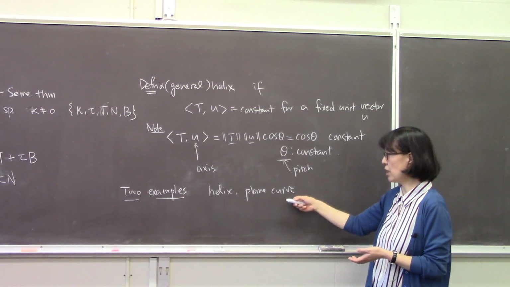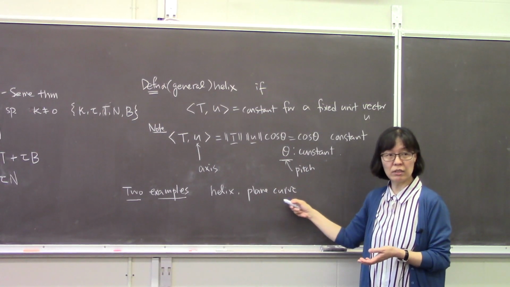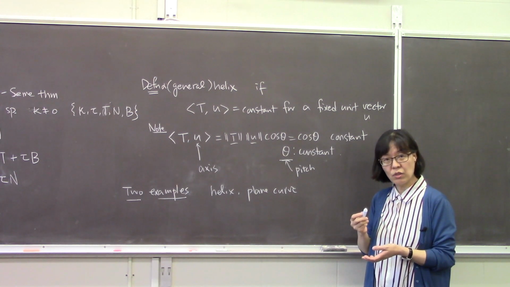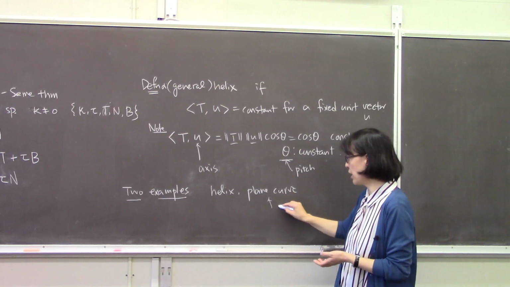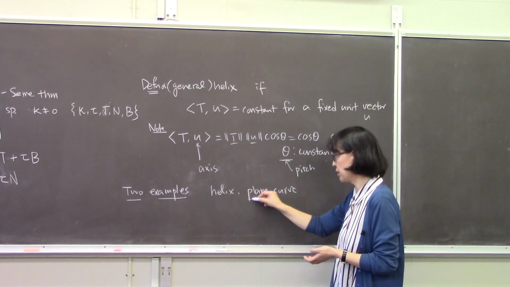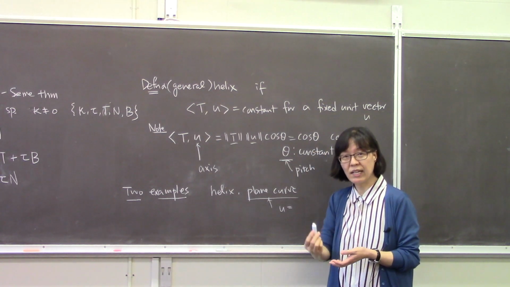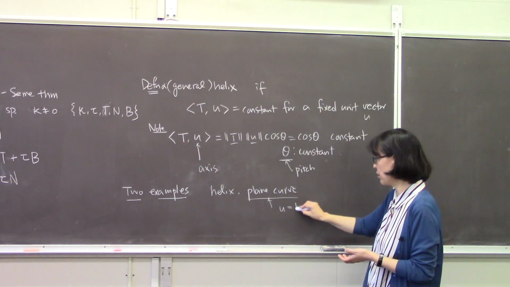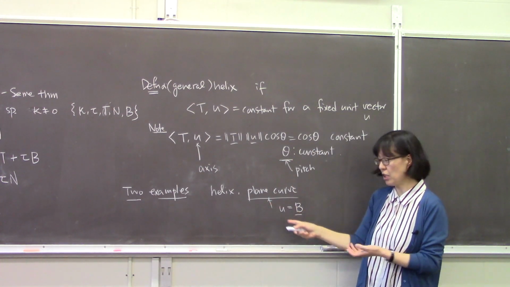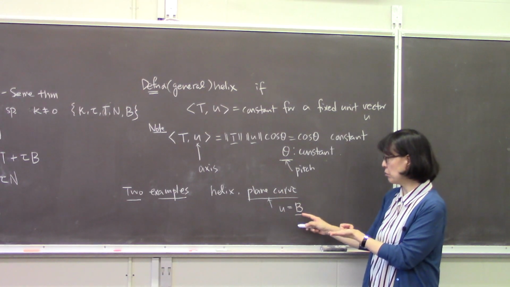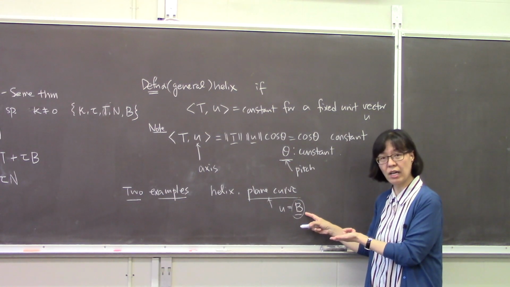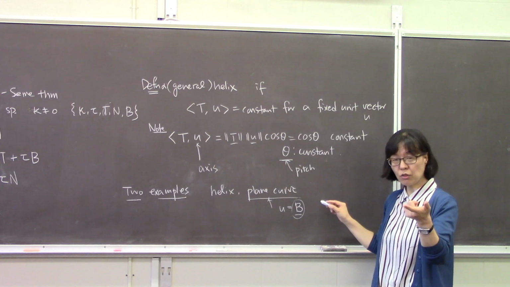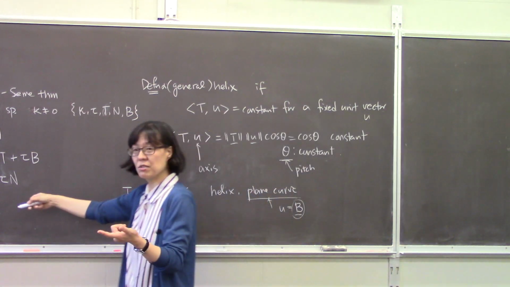Okay, because any tangent vector to the plane curve, what can you take for U for that plane curve? Right, the B, the binormal vector. We take the binormal vector B for U. Plane curve, what can you say about that binormal vector? Look at the corollary of this one.